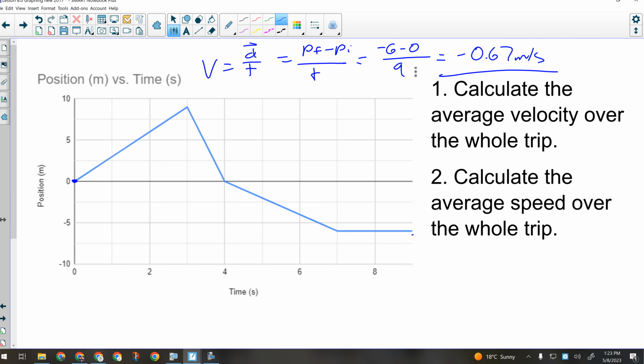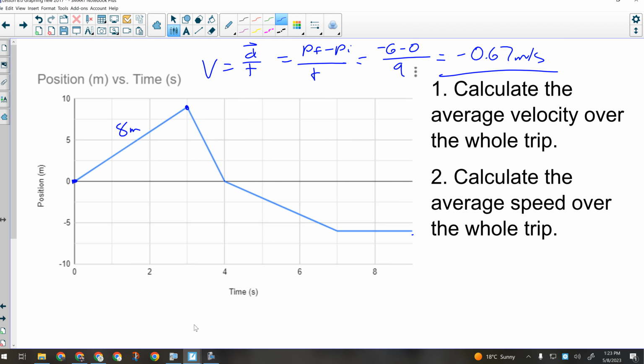What's the object doing between 0 and 5 seconds? It is moving at a constant velocity, and it goes from a position of 0 to a position of 8. If you misread it, it's fine. So that's 8 meters.